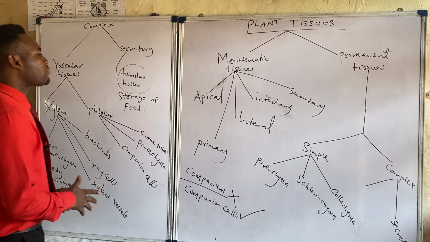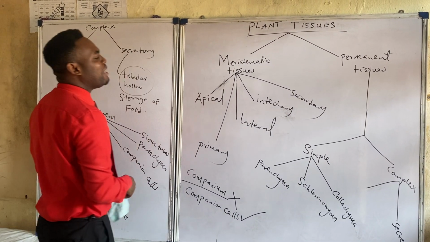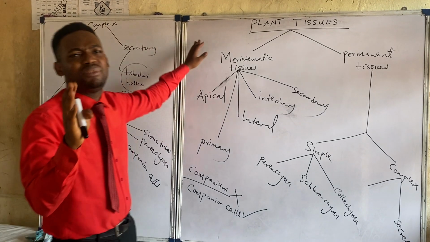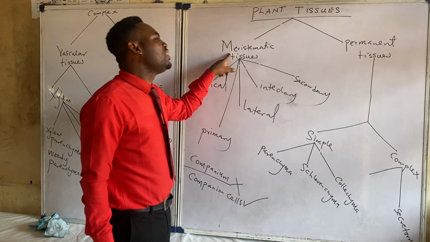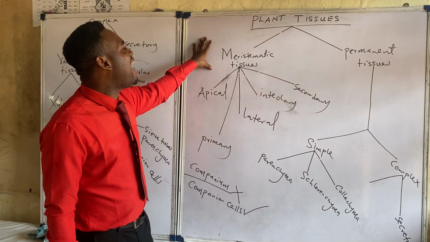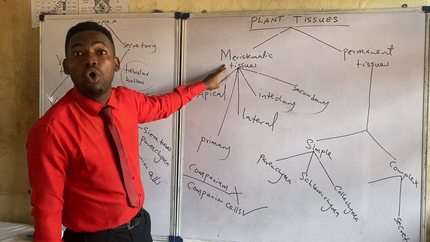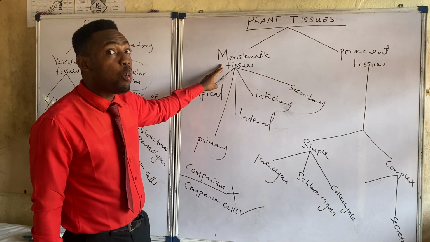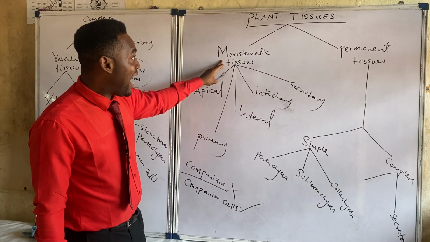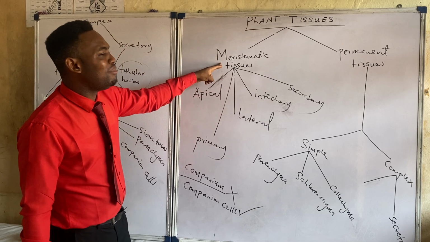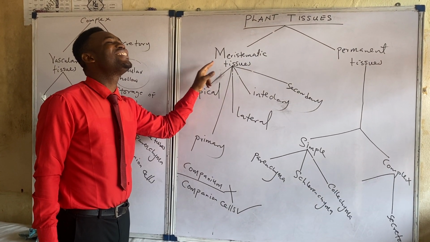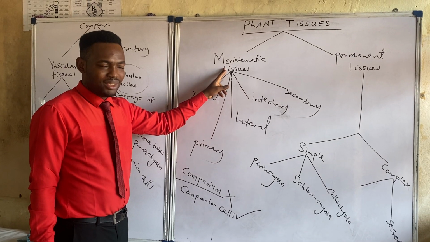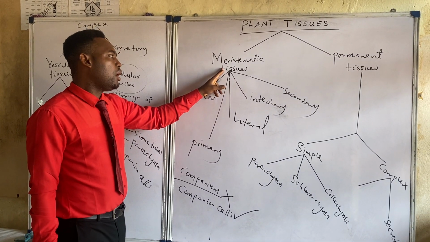All right. Coming here, meristematic tissues. I will just describe them very briefly. Meristematic tissues have large cell vacuole, thin cell wall, and large nucleus.